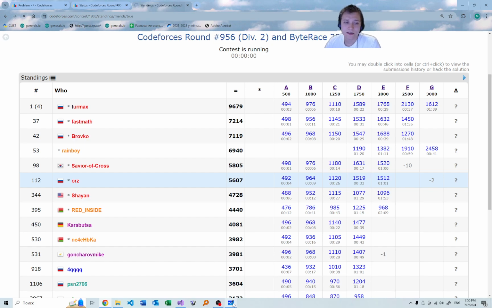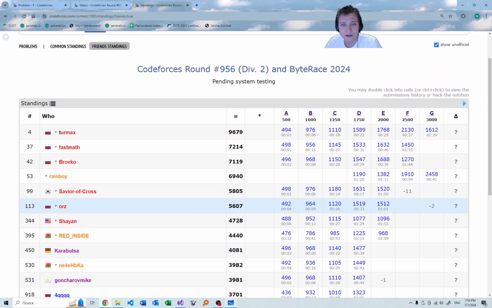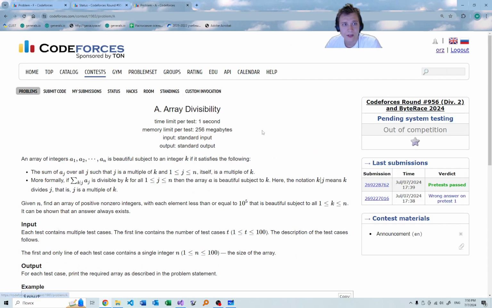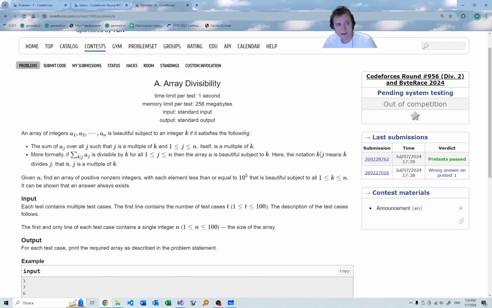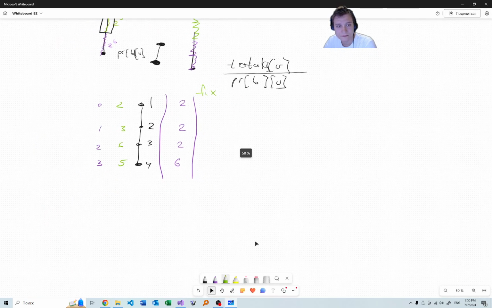Okay, let's have a quick discussion of all problems. The problem is array divisibility. So an array is beautiful subject to an integer k if when you take only the elements whose indices are divisible by k, then the sum of such elements is also a multiple of k.